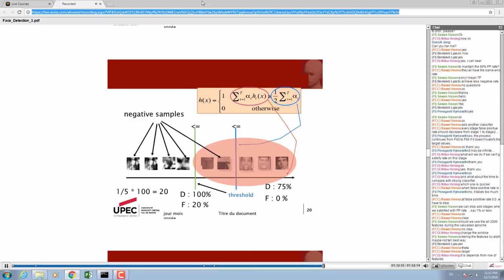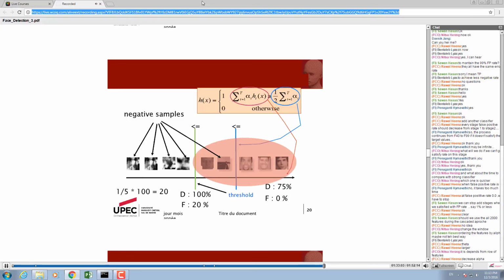Okay. So let me show you another example. This is, in the beginning, a little bit tricky concept to understand. So I prepared this slide. So we have the samples here, some positive and some negative. For all these samples, we are trying to apply the current stage classifier, H(x).